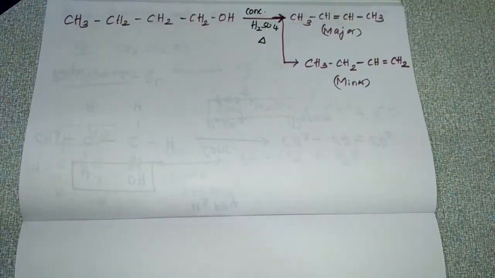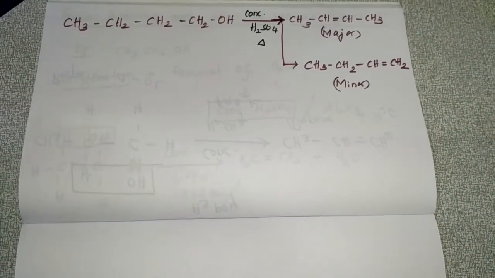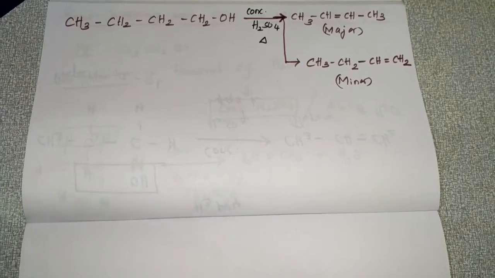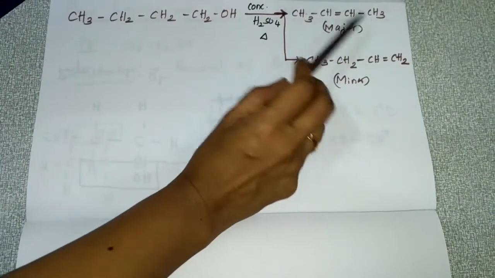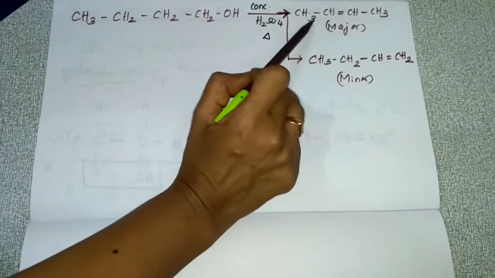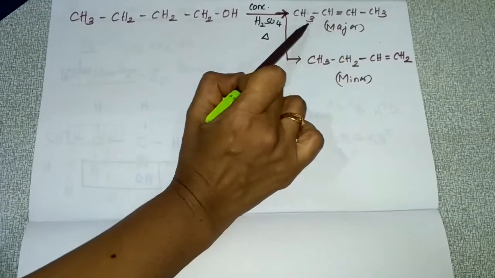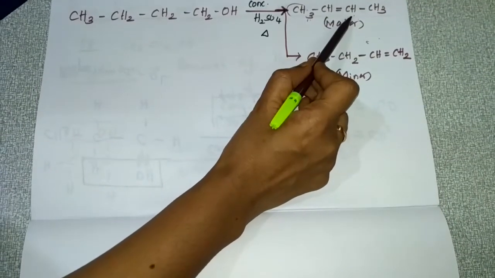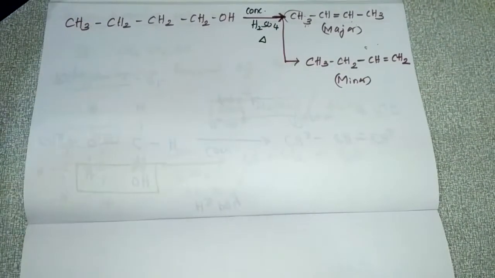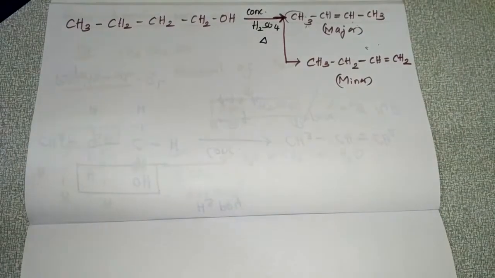Already we had learned in haloalkanes that it is the highly substituted alkene, that is, more alkyl groups are attached to the double bonded carbon atoms.